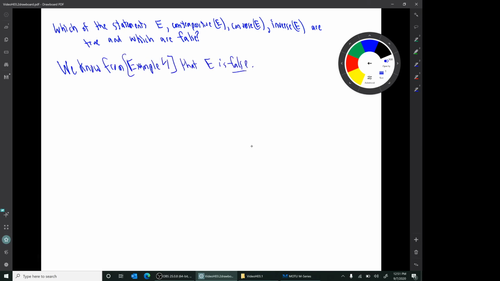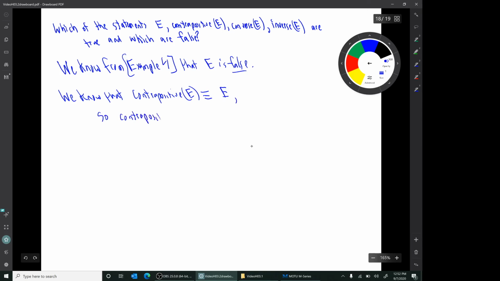Now, we also know that the contrapositive of a conditional statement means the same thing as the conditional statement. They're logically equivalent. So that just leaves us with the converse and the inverse to figure out.